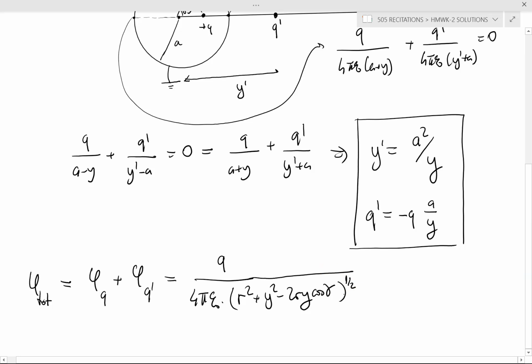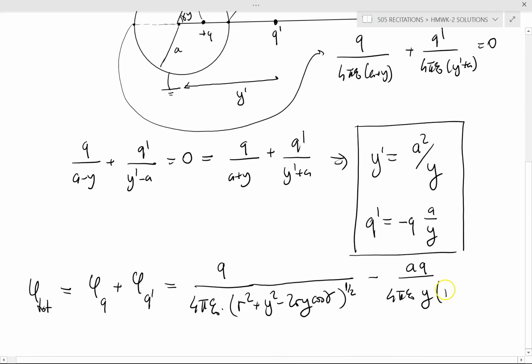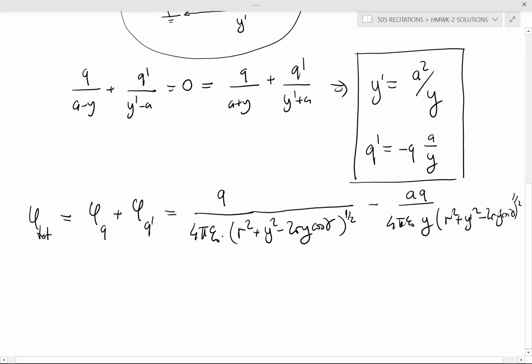And then for Q prime, we have minus aQ over 4 pi E0 y, and the distance, in this case, r squared plus y prime squared minus 2ry prime cosine gamma to the power of 1 over 2, I think.